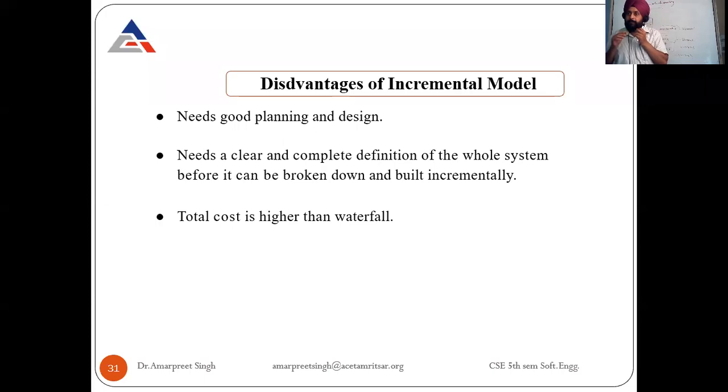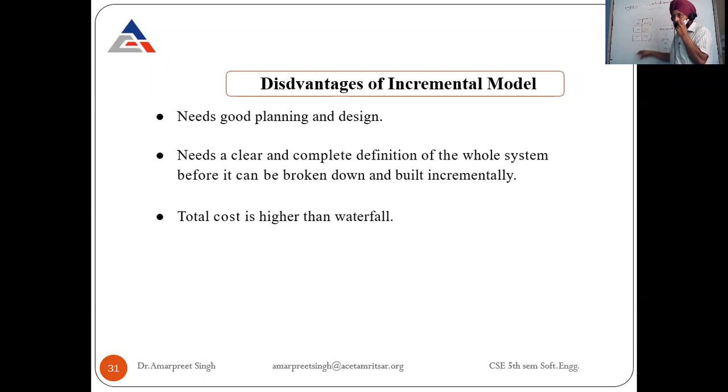So the disadvantages of the incremental model: it needs good planning and design, a clear understanding and complete definition of the whole system before it can be broken down and built in increments. So a clear understanding of the whole system is required, so that you can break it down into different modules like module 1, module 2, module 3, module 4, module 5, and it requires the main expertise.